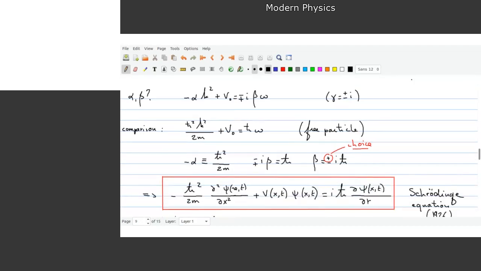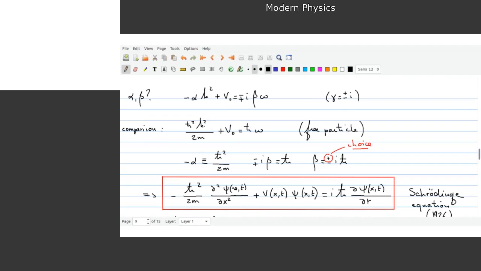And if we compare with our energy for a free particle, kinetic energy plus constant potential energy equal to h bar omega, which is the total energy.